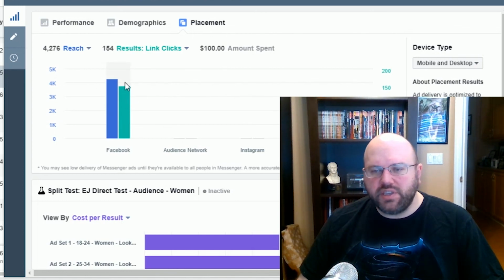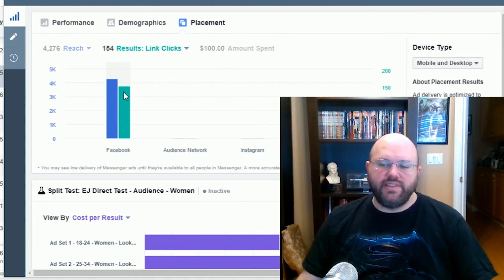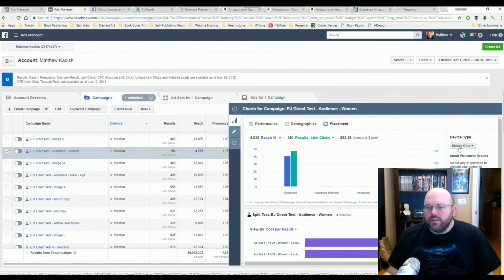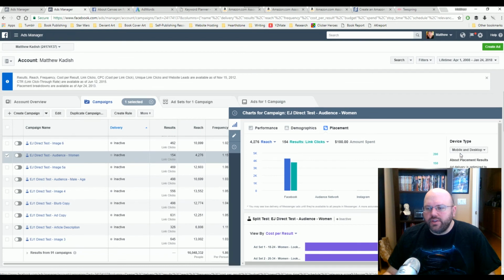Because we got almost even reach to click ratio, which is very good. So ideally, you'd want to see this green bar be higher than the blue bar, but that rarely happens. And we've got to deal with data as it's presented to us. So this is all ways in which you can get data to analyze how your ads are doing.